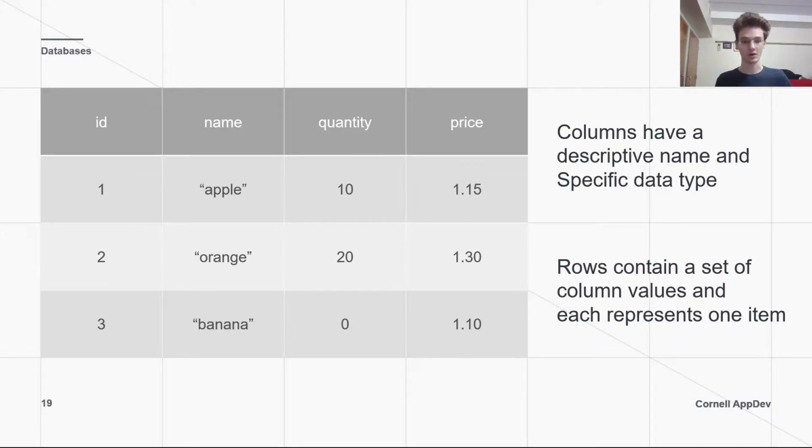So each row comes to represent one instance of an item. So here we have some kind of fruit inventory. We have an ID for each fruit, where we also store the name of the fruit, how many fruit we have, and the price of the fruit. Each of these columns is guaranteed to contain the kind of data we want.